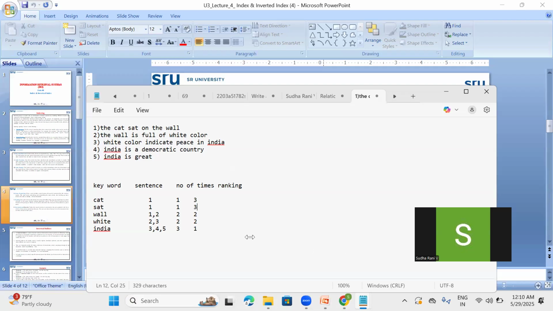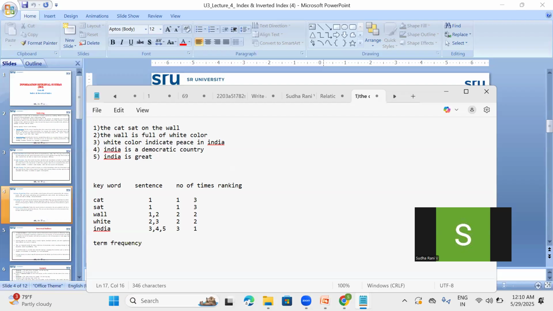And one more thing is also there for the ranking, that is called term frequency. Let us see that also. The ranking system can also be term frequency. So what is a term frequency?